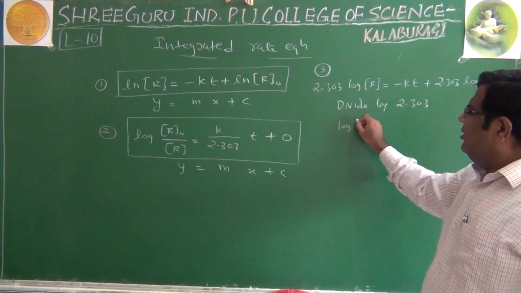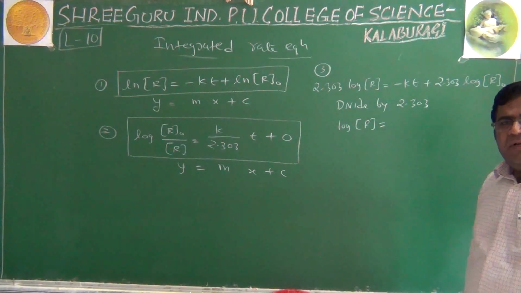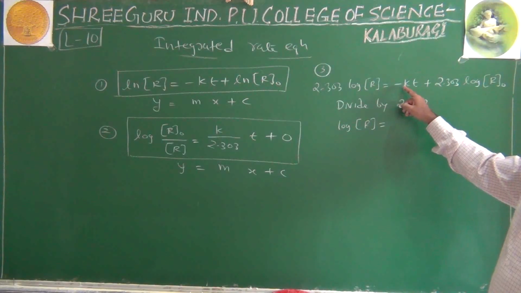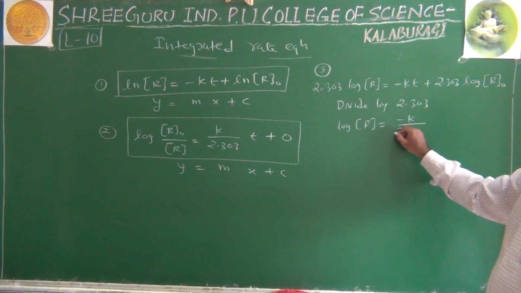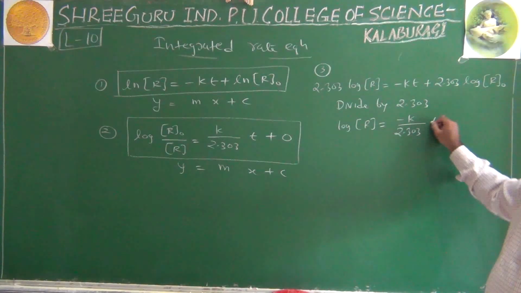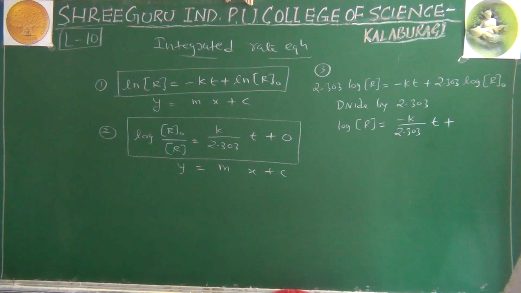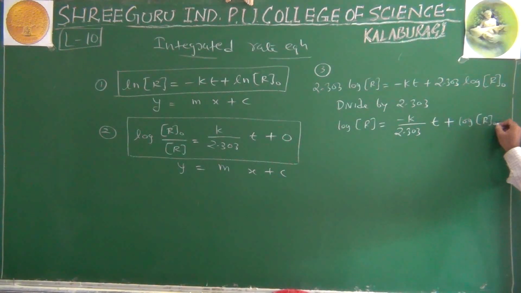We have log of molar concentration of reactant at time t. Here no 2.303 is already present, so now we can divide it by 2.303 t. This 2.303 gets cancelled and we have log of R0.